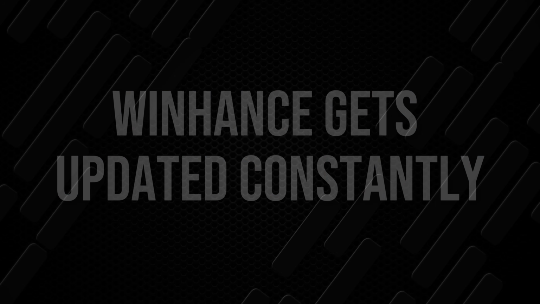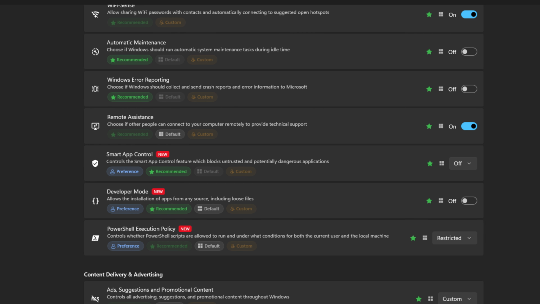And one other heads up, Winhance gets updated constantly, so some screens may look a little different from what you're seeing here in this video. This is how the app looks as of today, the day of filming. Just remember the principles don't change even when the buttons move around. One more thing you're going to see on every screen. Winhance marks settings with these little badges. The first badge says recommended, and that's what the tool's developer suggests.